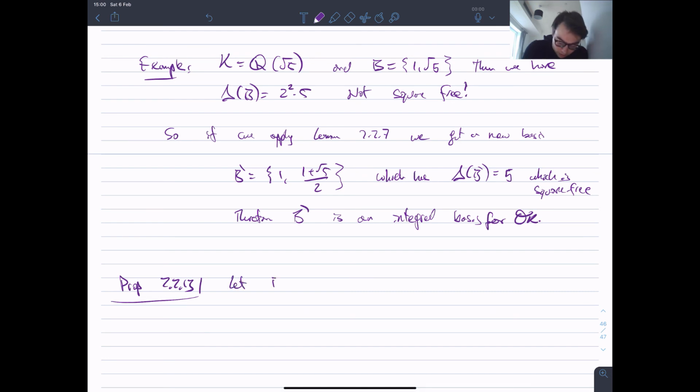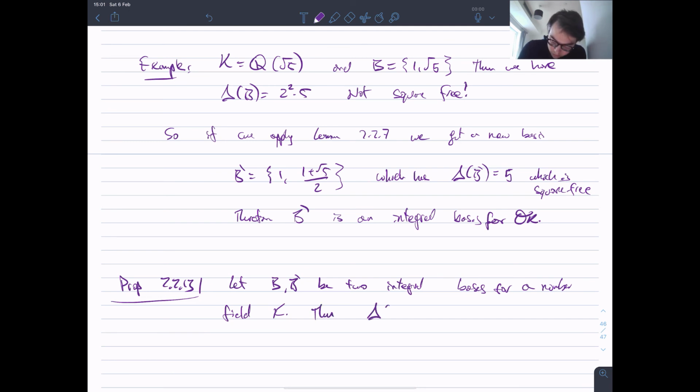So if I let B and B primed be two integral bases for a number field K, then their discriminants are the same.